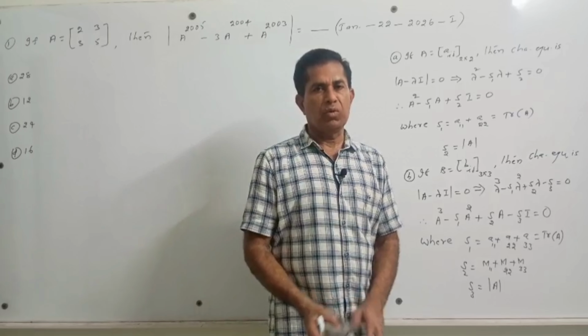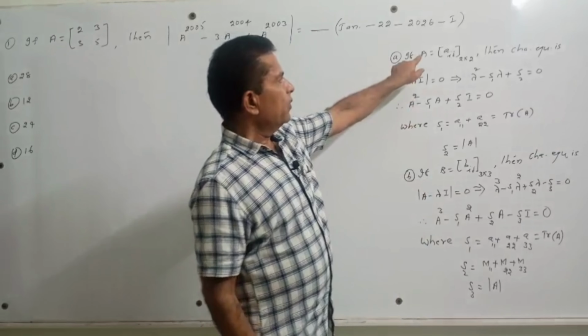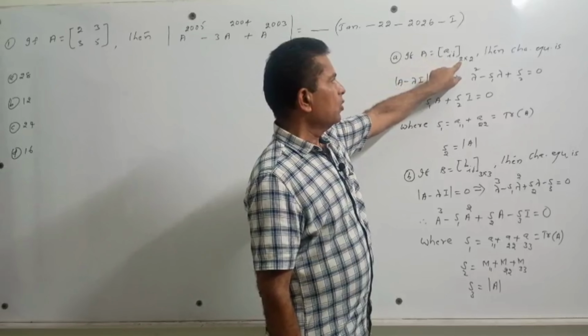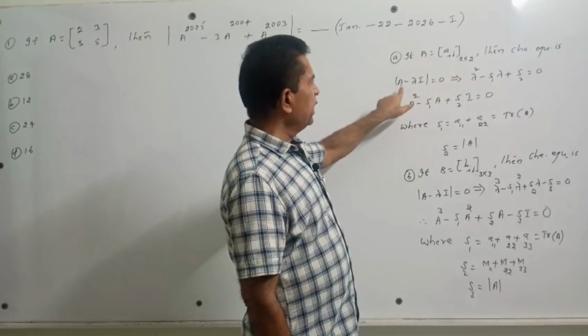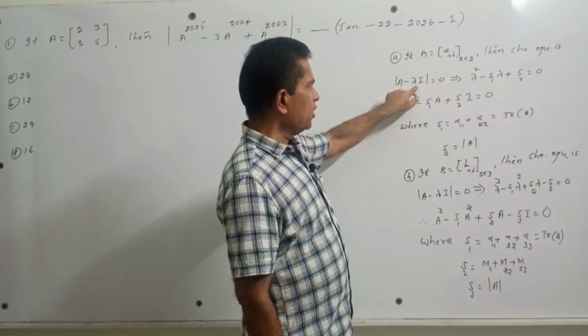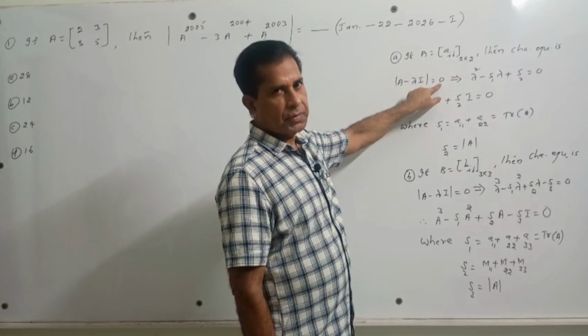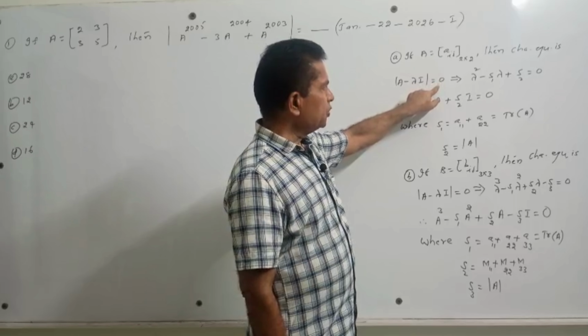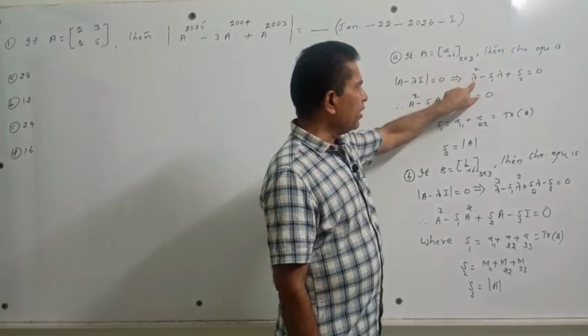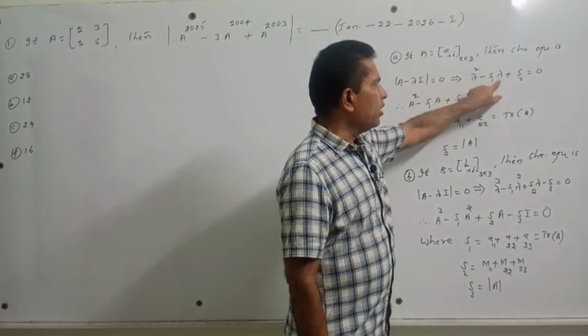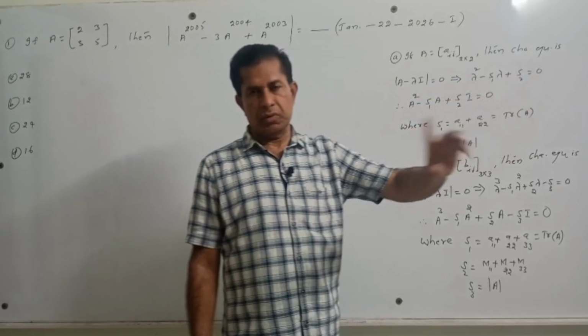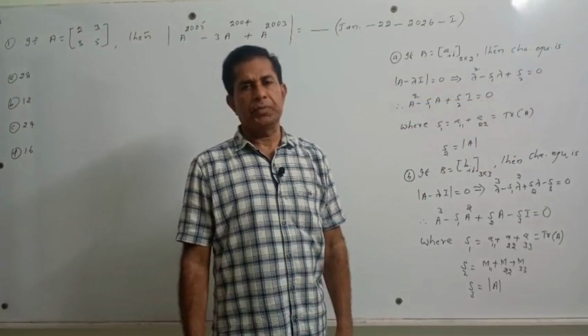Now see some formulae. If capital A is a matrix of order 2 by 2, determinant of A minus lambda I is equal to 0. That is characteristic equation. By expansion, it can be written as lambda square minus s1 into lambda plus s2 is equal to 0. That is the characteristic equation.